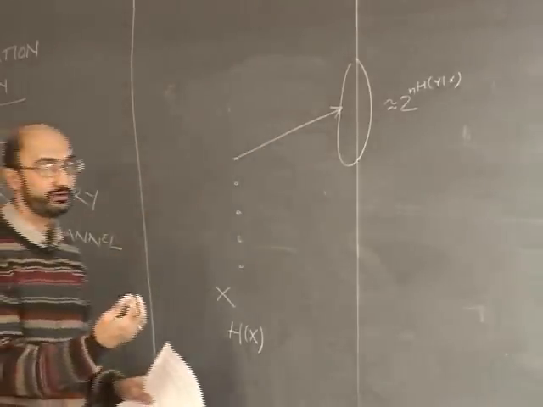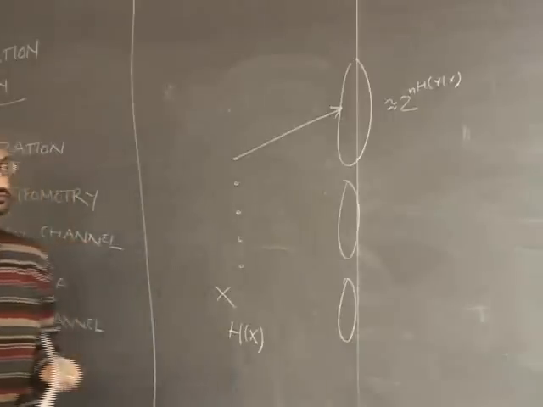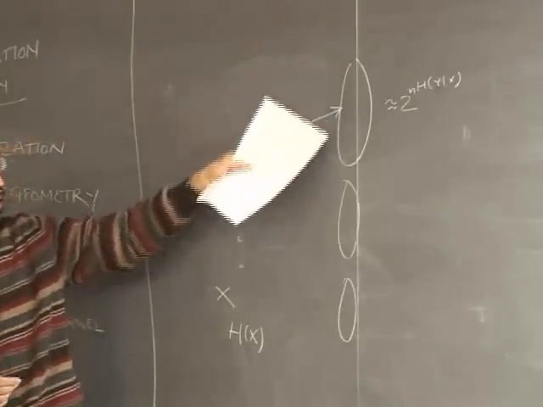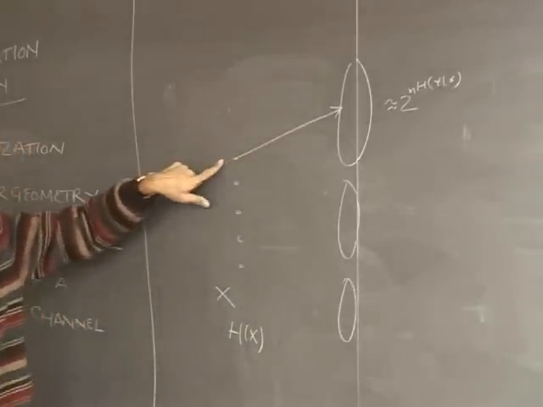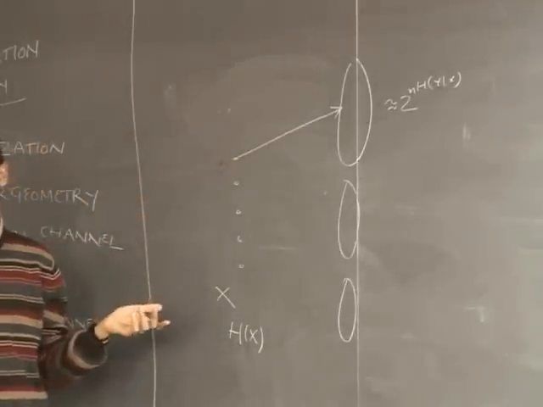So, then what we were trying to do was to separate out these sets one from the other, so that when we got anything in this range, we could figure out that it corresponded to this signal. Okay, that was the intuitive reasoning behind Shannon's theorem, right?